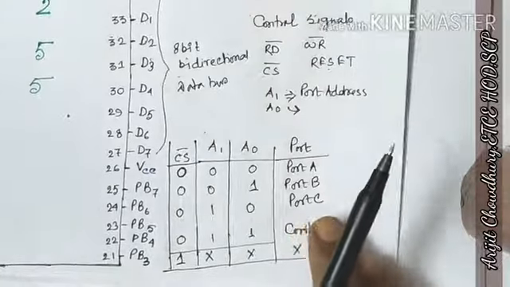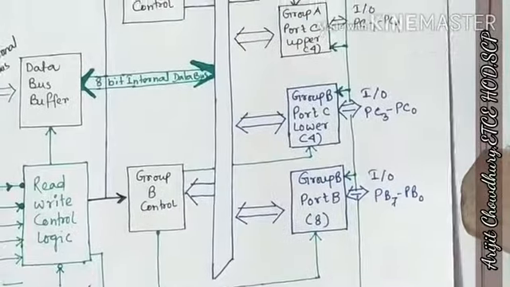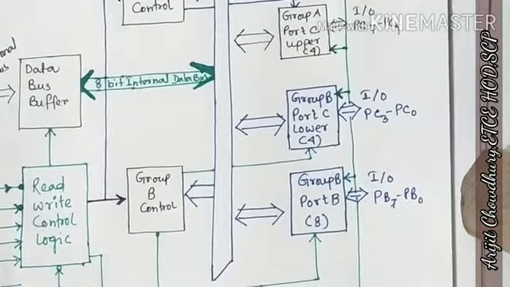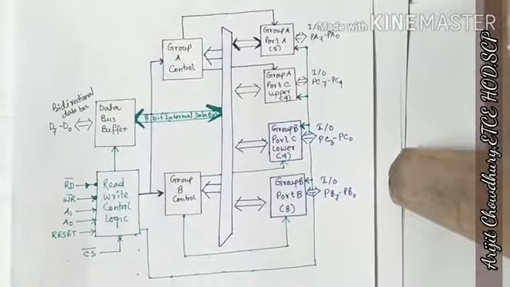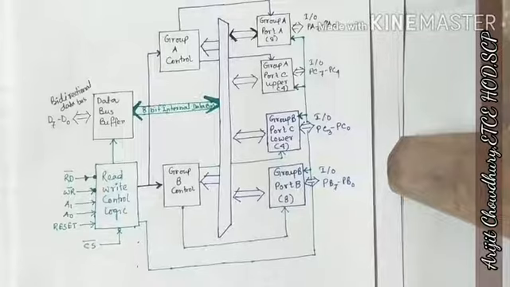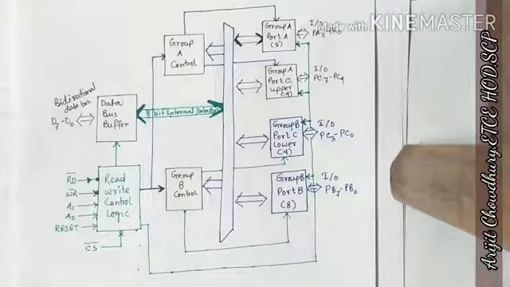Then we move to the 8255 block diagram. This is the block diagram, or architecture, of 8255. The 8255 is a 40-pin IC.